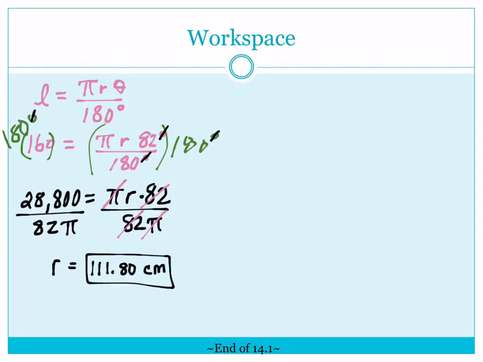This is one of those ones where the exact answer is 28,800 over 82 pi, and we could reduce that a little bit because they're both even. But that answer hardly makes sense as a value for a radius, right? So this one's radius is approximately 111.80 centimeters.